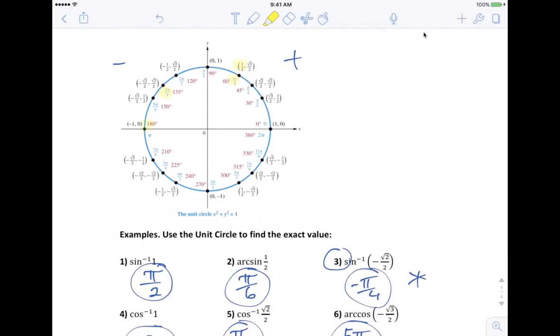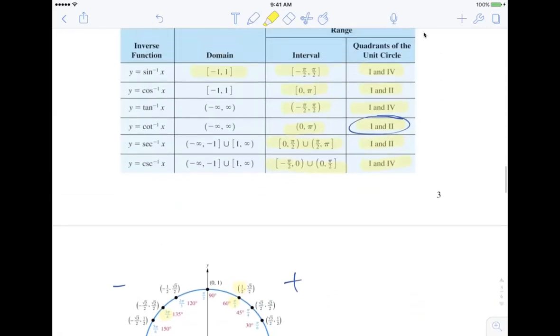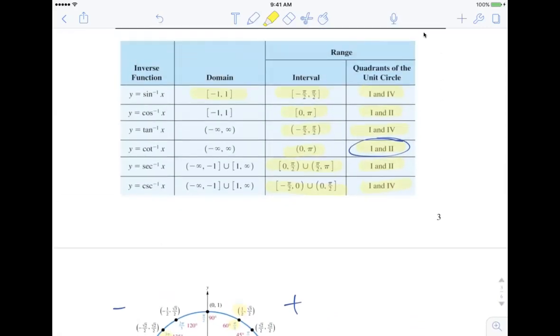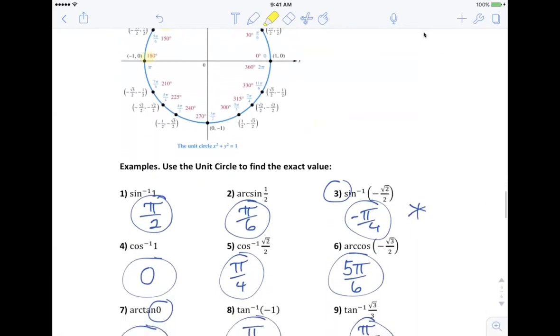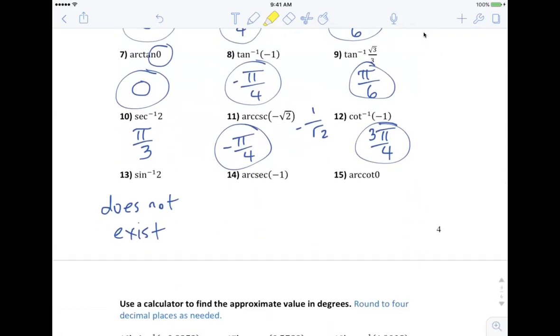Where that x value is negative 1, reciprocal of negative 1, negative 1. Should be in that same spot. Is that included in my interval for secant? Sure is. Right there it is. Secant pi is included, or 180. So I could answer that one as pi, or 180 degrees if you're talking degrees.